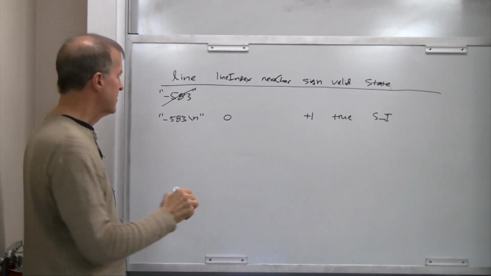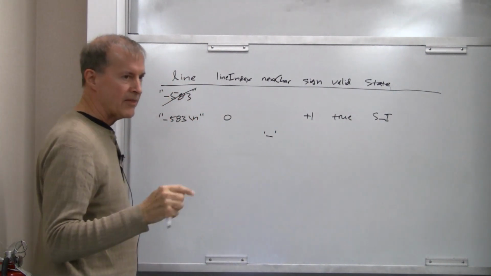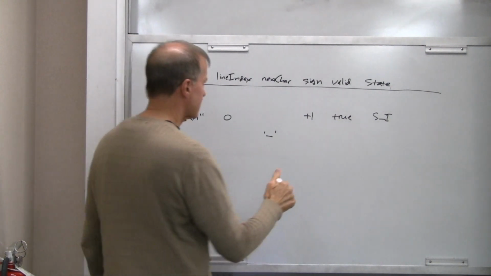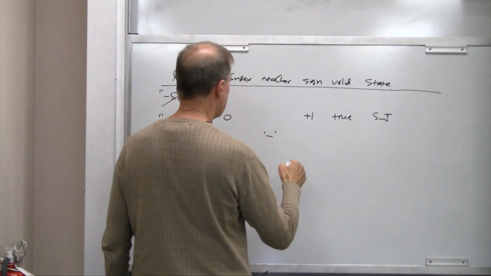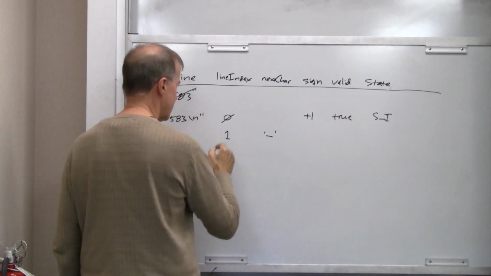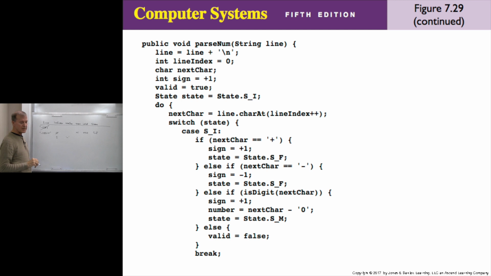The hyphen. So first of all, next char gets the hyphen, and then what happens? Index plus plus. And then this goes to 1. Now, does everybody see that that's what happens there? Okay.